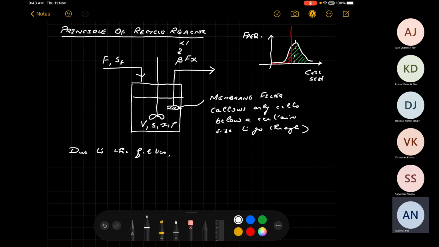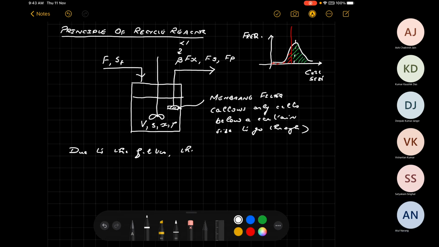This beta reflects the fraction of cells that are allowed to leave. 1 minus beta is retained. They're not allowed to go. There is no change in these flow rates. And the flow rate of the substrate and product is, of course, unaffected because these are soluble components. They just pass through the filter.